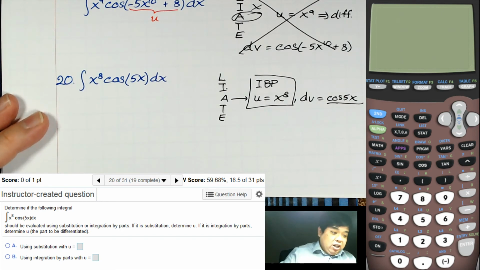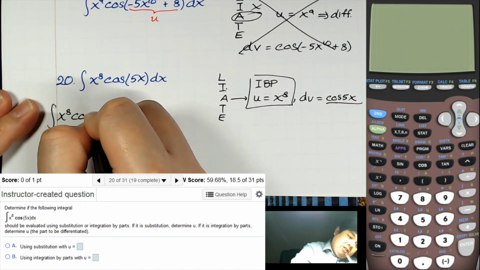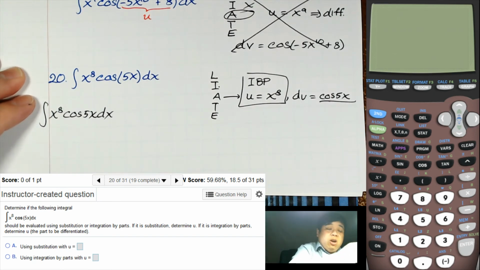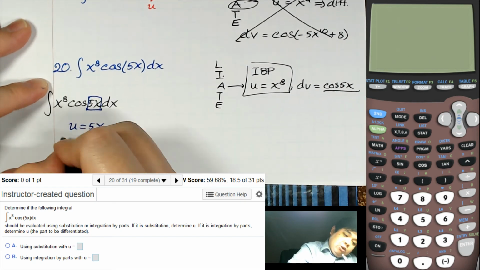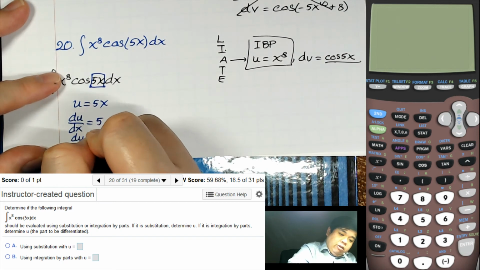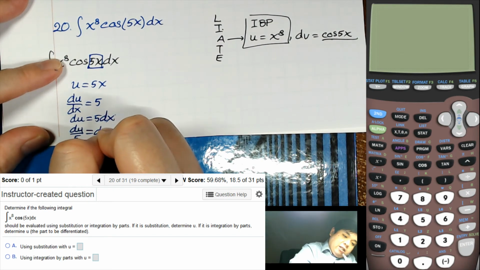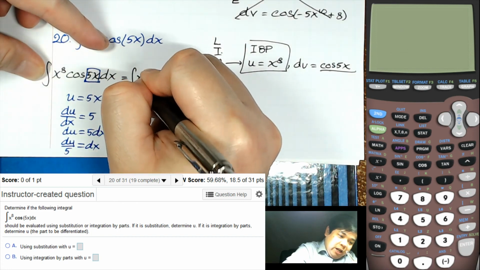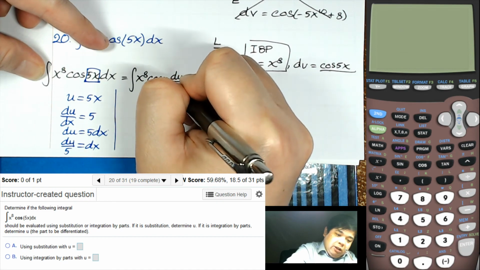However, let's try and see if we can actually use substitution here or not. If we use substitution, let's just try u equal to 5x. For the derivative, du is 5 dx, so du over 5 is dx. Now substitute back in: x to the 8 cosine of u and du over 5.